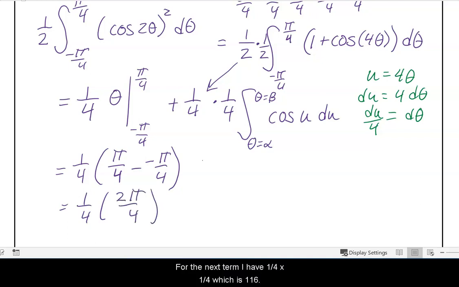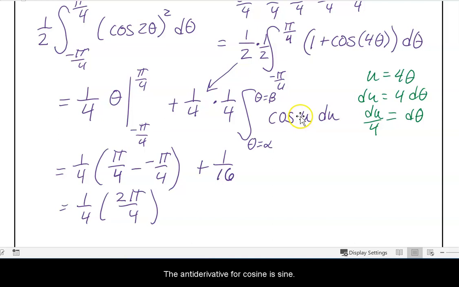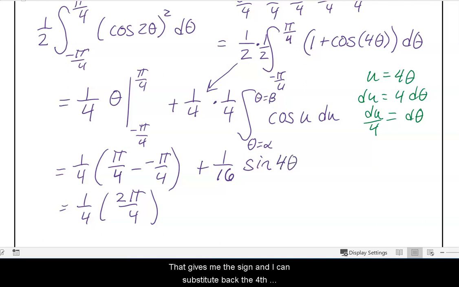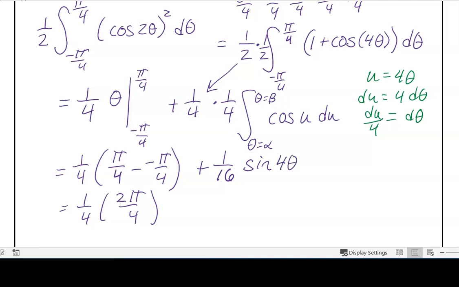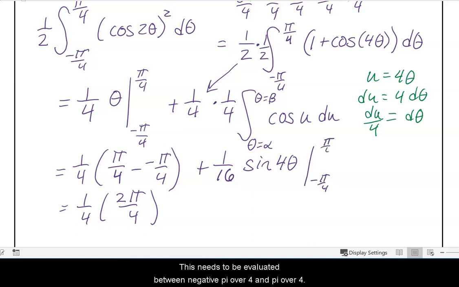For the next term, I have 1/4 times 1/4, which is 1/16. The antiderivative for cosine is sine. That gives me the sine, and I can substitute back the 4 theta in place of u. This needs to be evaluated between negative pi over 4 and pi over 4.